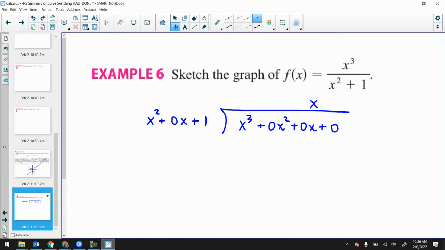So this is x to the third plus 0x squared plus 1x. I take the number on the top times the number outside, and I bring it down. And now we subtract.